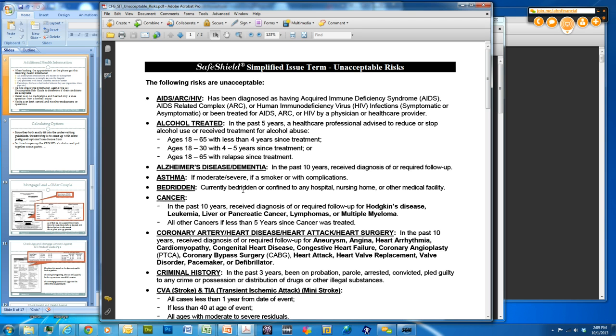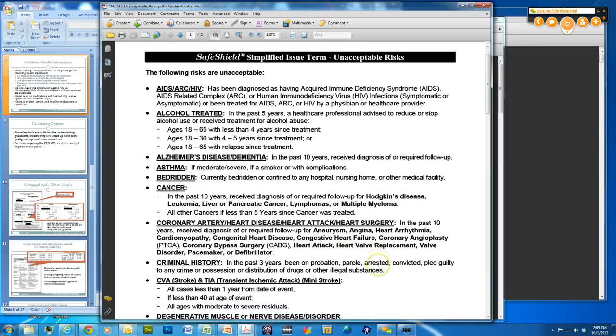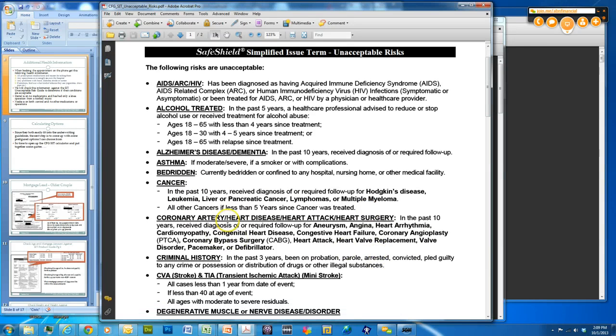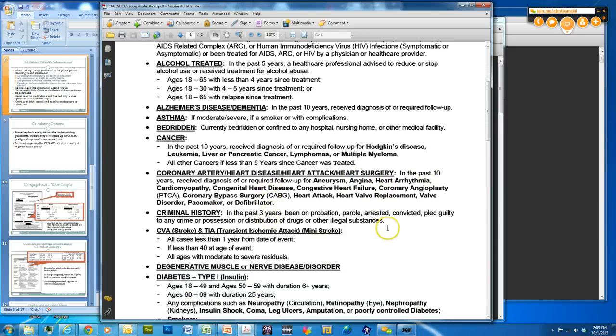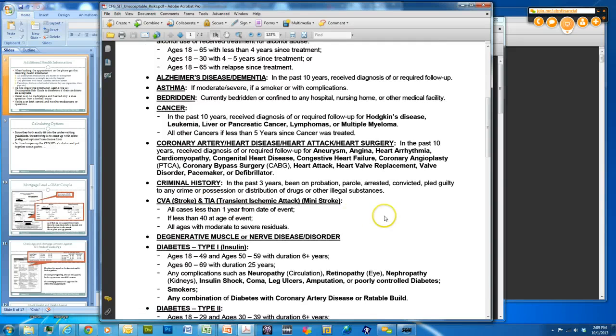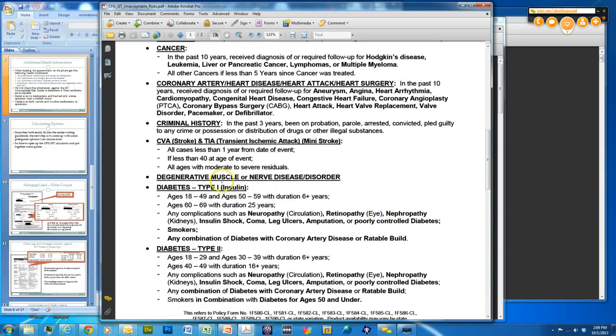Hospital emergency room visits, especially recent ones, that's pretty much severe, or a smoker without complications, a bedridden person, cancer in the past 10 years, other cancers less than 5 years. So you've got to read through this. Coronary artery disease, heart attack, heart surgery in the past 10 years, criminal history, stroke or TIAs, degenerative muscle and nerve disease disorder, diabetes.